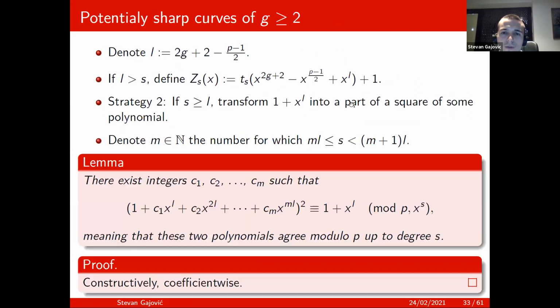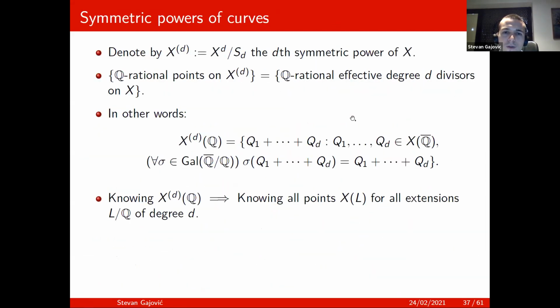Okay, then maybe we can go a bit to advertise more rational points on curves, and to say that sometimes we want not just rational points on curves, but points over some number fields.